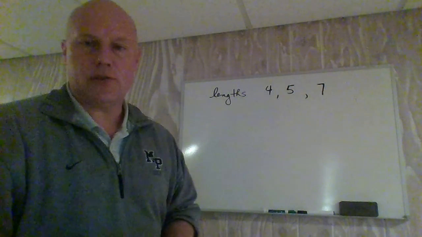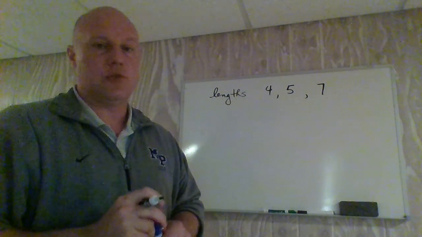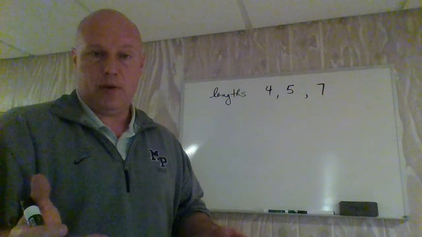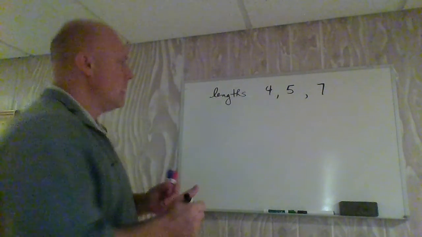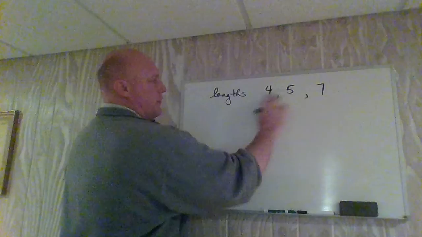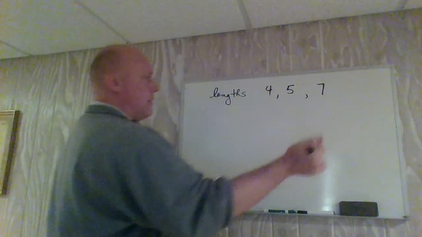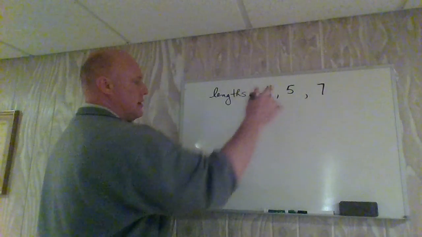And I say, can these three legs, 4 inches, 5 inches, 7 inches, form a perfect triangle with no overlap in material? So by rule, the sum of two sides of a perfect triangle would be greater than the third side. So let's see if it works in this scenario.